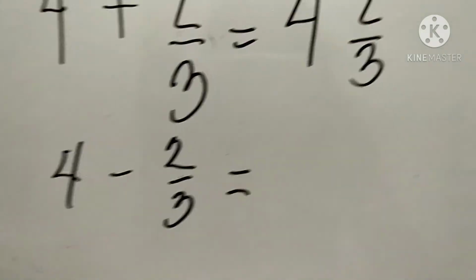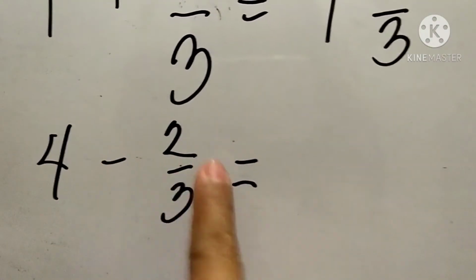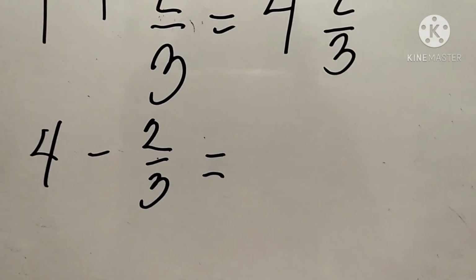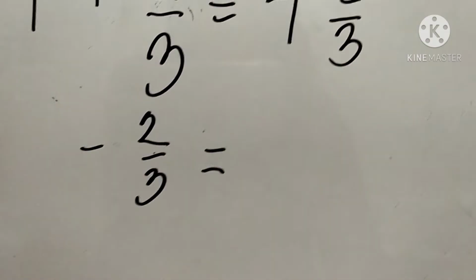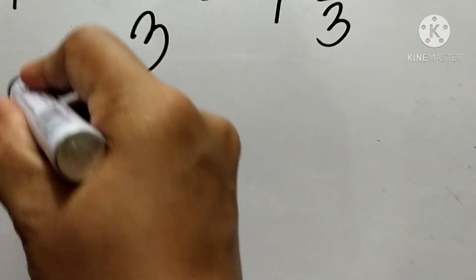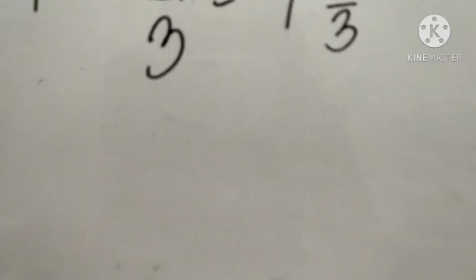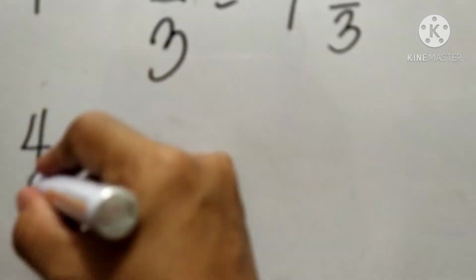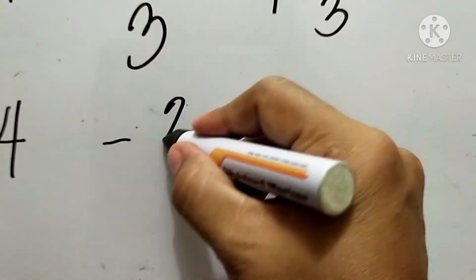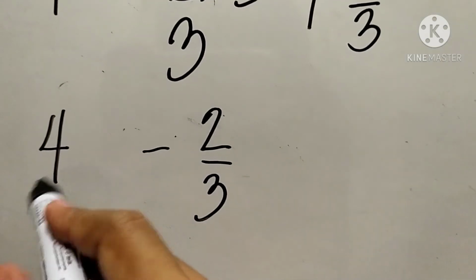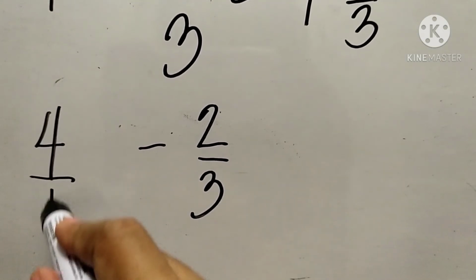You cannot just subtract directly 4 minus 2 unless we make the denominators the same first. So we will write it in this way. I will rewrite this first: 4 minus 2/3. Since it is a whole number, understood that there is 1.